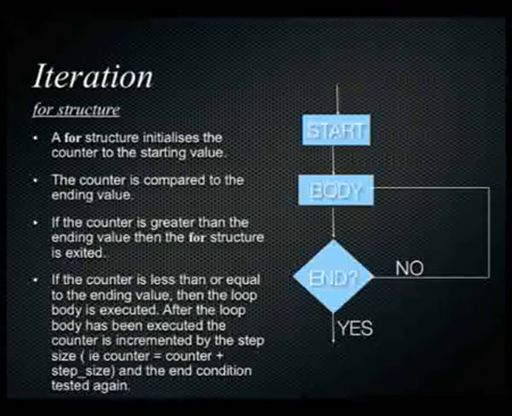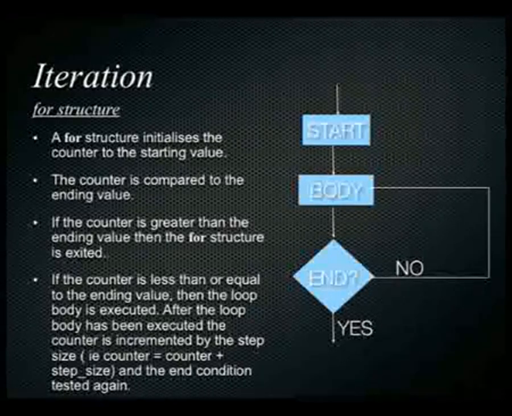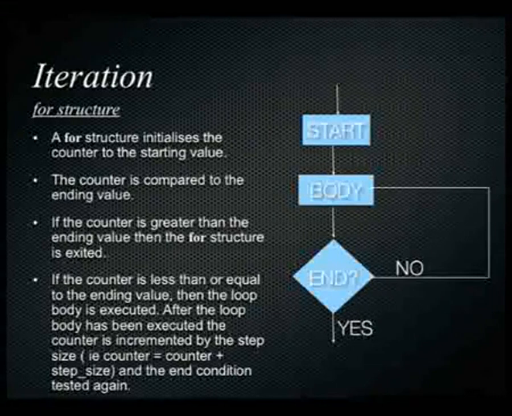Then we go back up and test that condition. If it's still less than the end value, or in fact the condition we're checking for is still true, then we go back up to the body and keep running, then increment that counter as part of the body yet again.